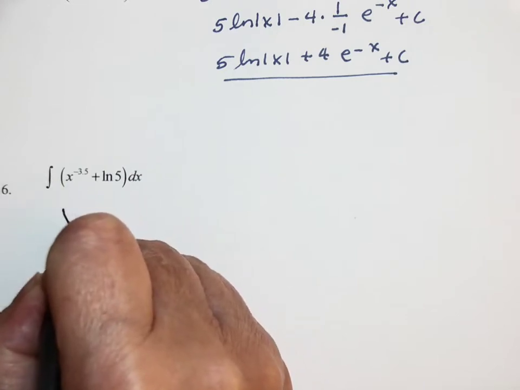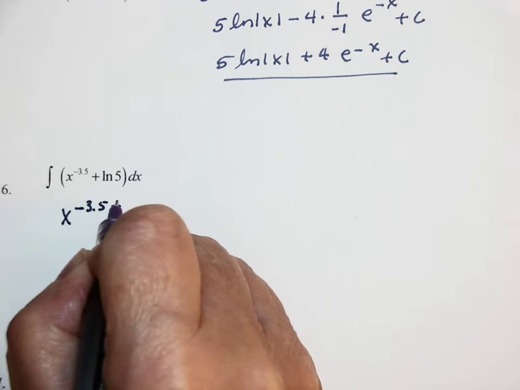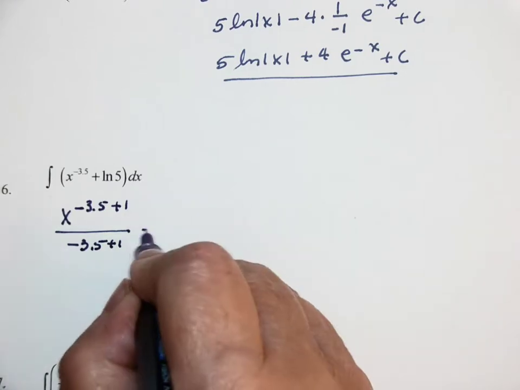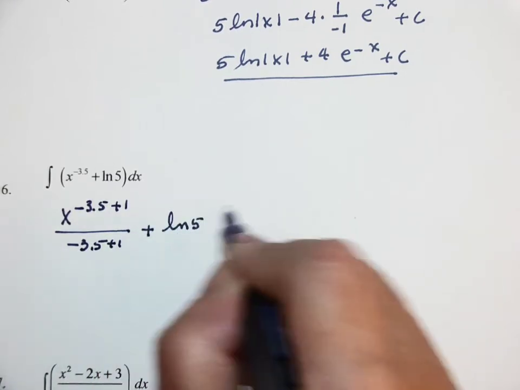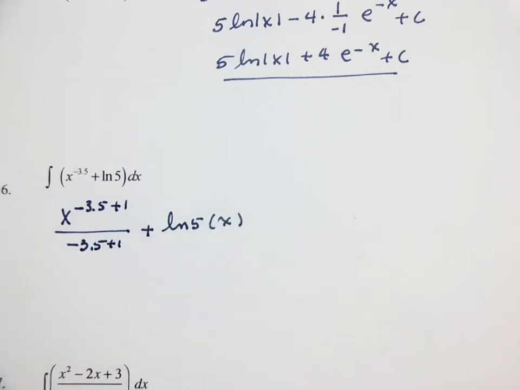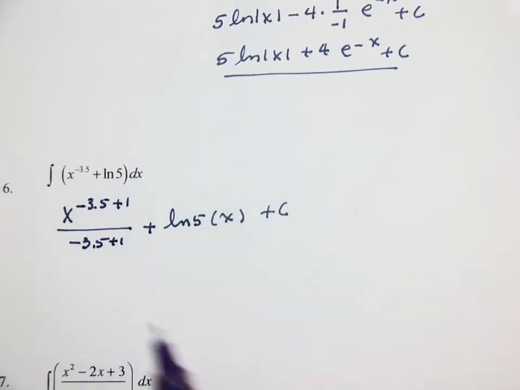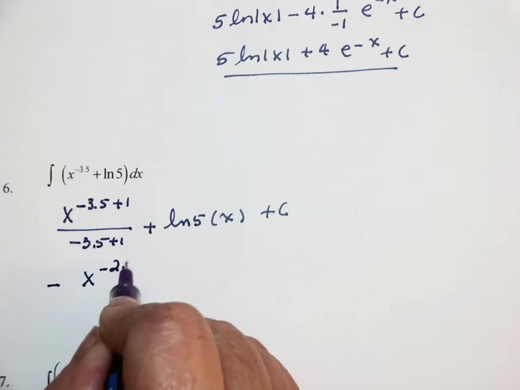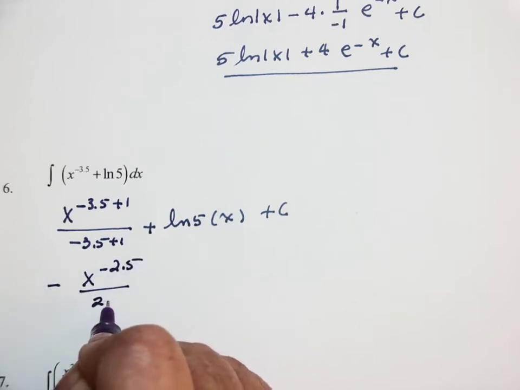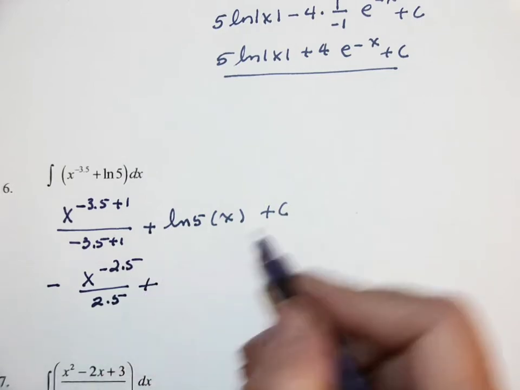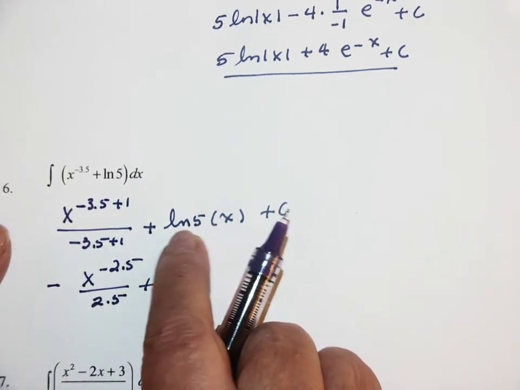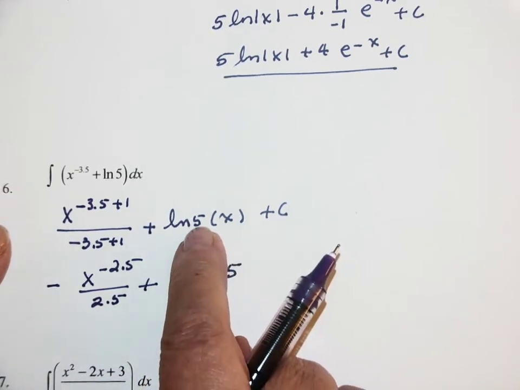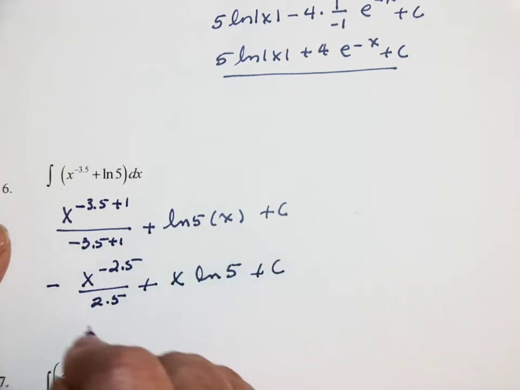So this would be x to the minus 3.5 plus 1 over minus 3.5 plus 1 plus the natural log of 5 is just a number times x plus c, which is going to be minus x to the minus 2.5 over 2.5 plus, most of the time when we have something like this with an x, we'll put the x in front so that you don't think it's part of the 5, plus c.